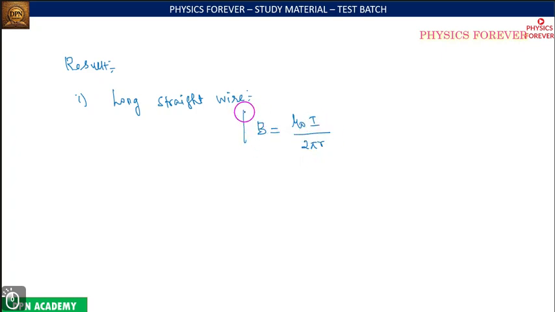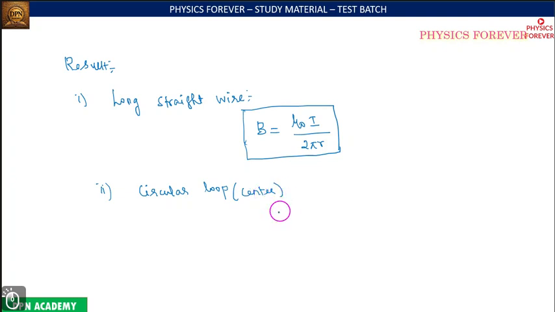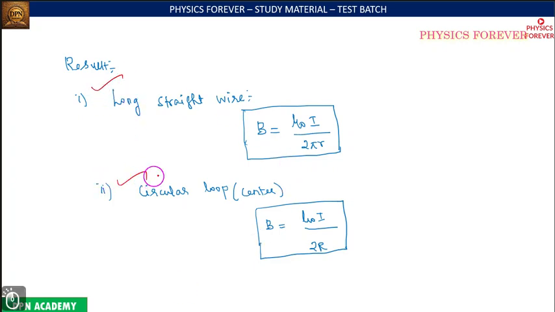This is the most important, sometimes a problem is asked. Second result, circular loop, most important. At the circular loop center, B is equal to mu naught I by 2 r. These are the two important results obtained from Biot-Savart's law, both most important: one is the long straight wire, the other is the circular loop.